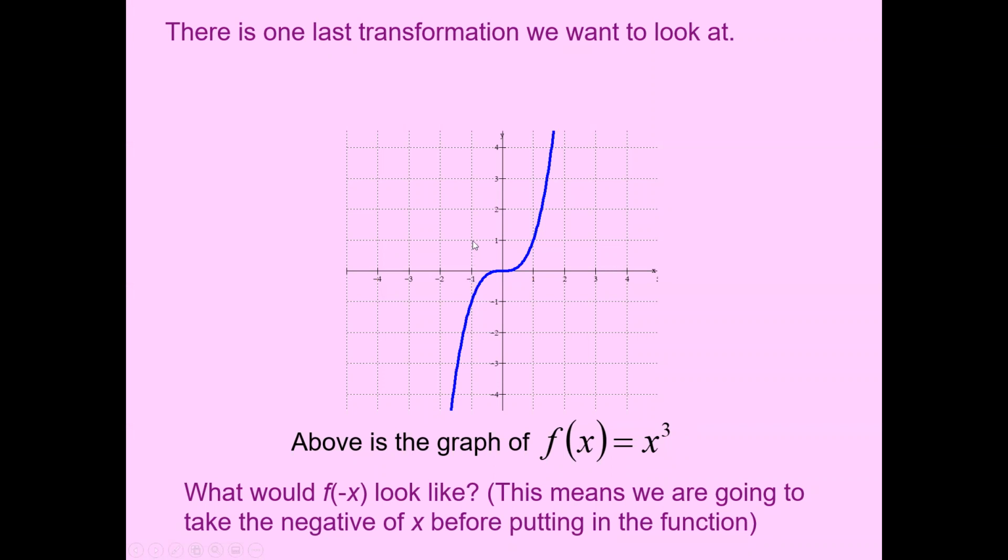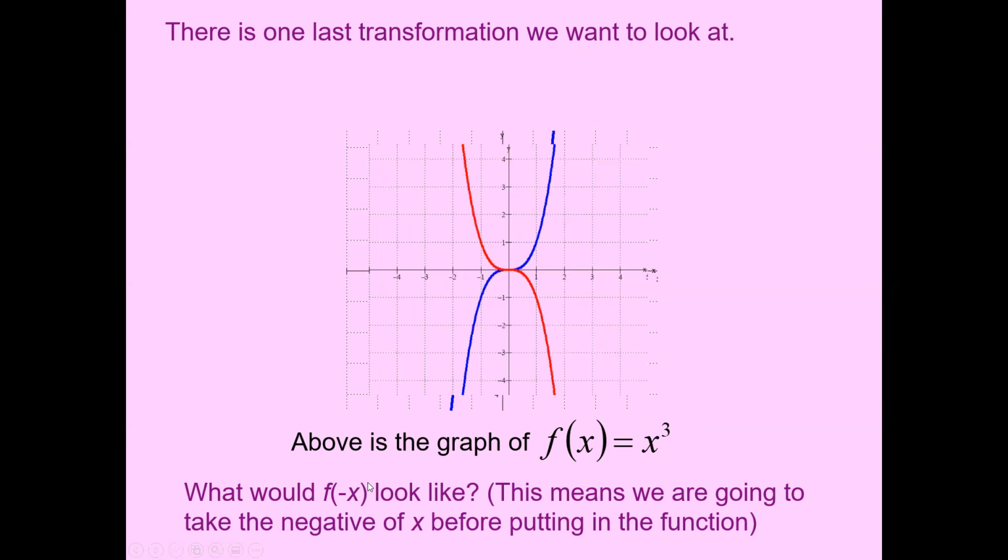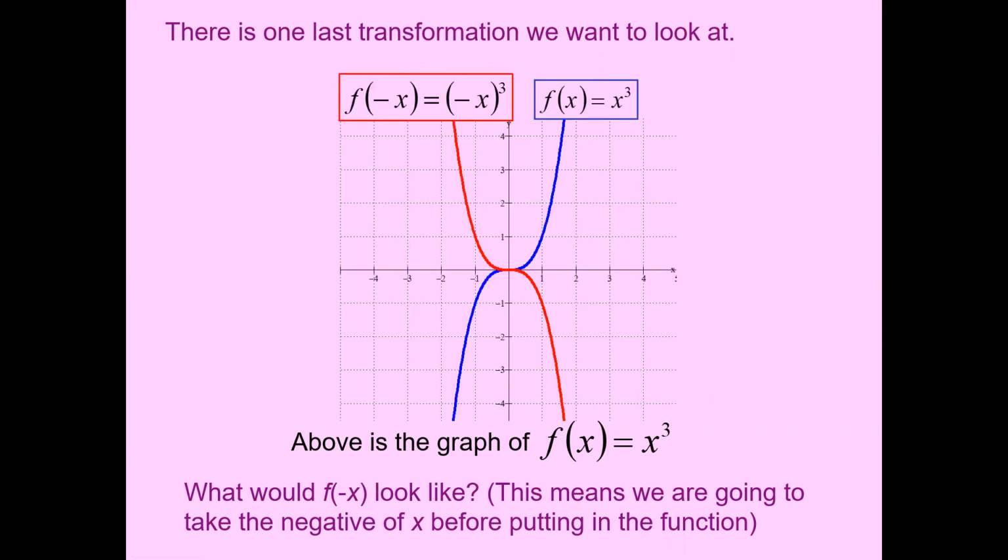So this one will become a 1 here. If I input a 0, well, -0 is 0, and 0 to the third power is still 0. But if I input a 1, that will be a -1, because this makes it change. You can see that it's the red graph.